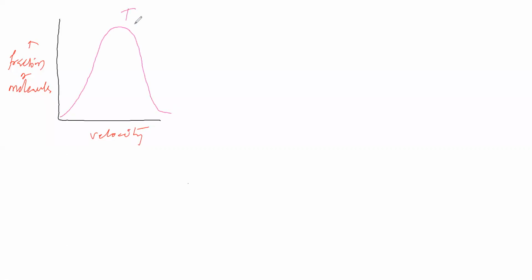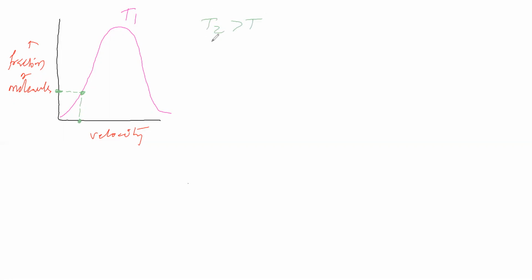This is the fraction of molecules having this much velocity at T1. Now T2 is greater than T1, we are taking.